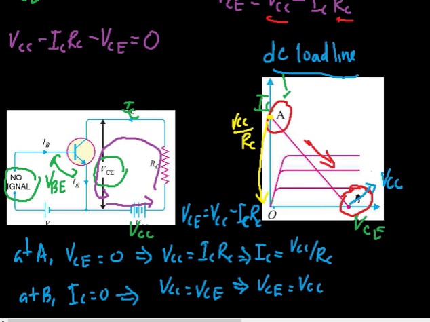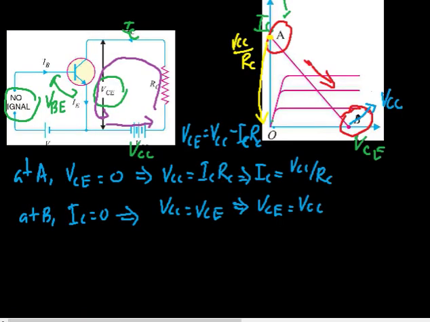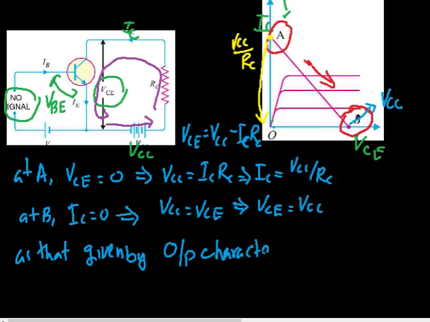So the importance of the DC load line is that it provides the same information as that given by the output characteristics. You can see that output characteristics will be different for different base currents.